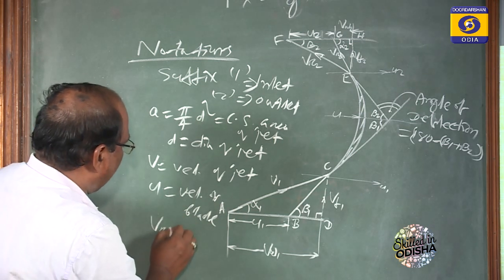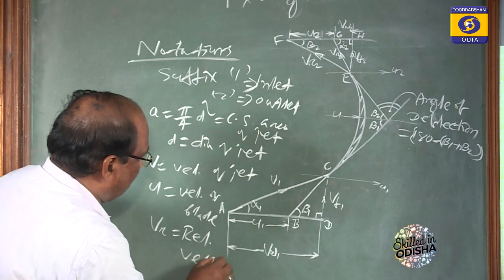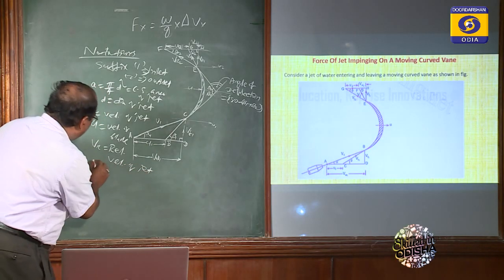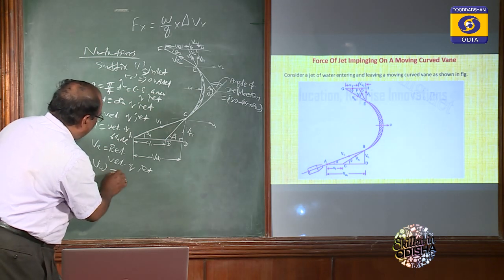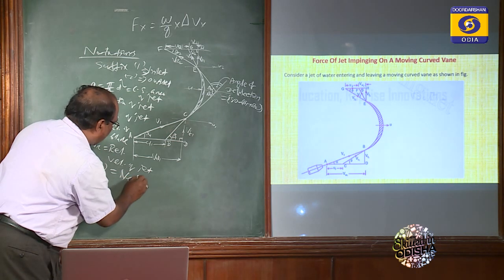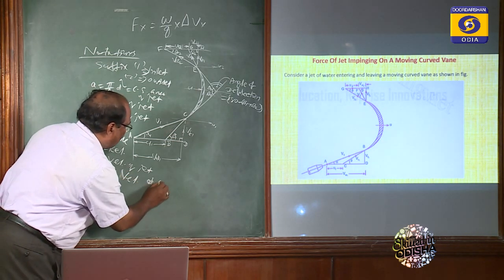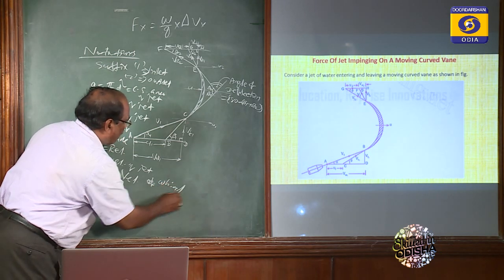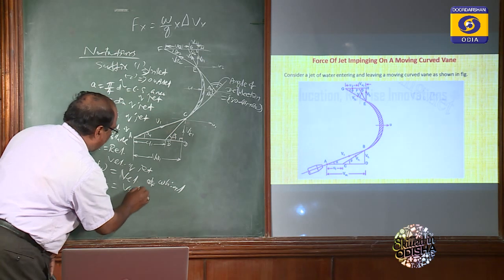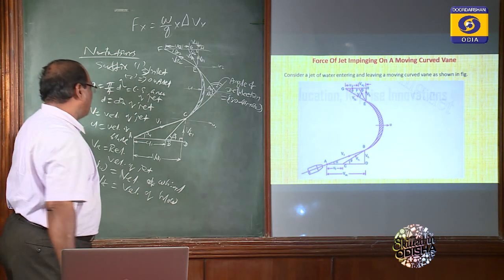Next, VR is the relative velocity of the jet. Vw is the velocity of whirl. Vf is the velocity of flow.